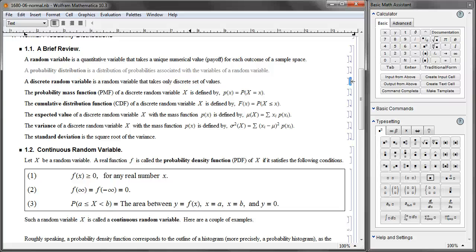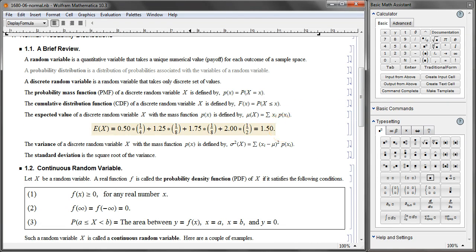We will still use the CDF, but in place of the PMF, we're going to get something else. Okay. Now let's talk about expected value. Expected value is obtained by simply multiplying all those x values by the probability mass and then adding them together. Here is an example.